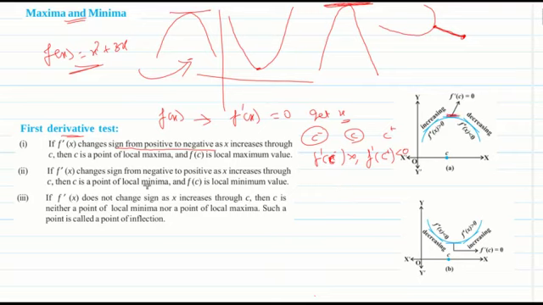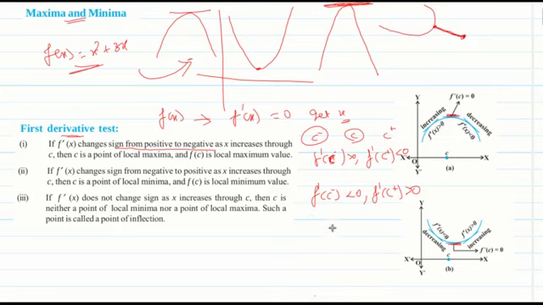Similarly, if you get f dash of c minus lesser than 0 and f dash of c plus greater than 0, negative to positive, we can say it reaches the minimum. Is this clear, children?